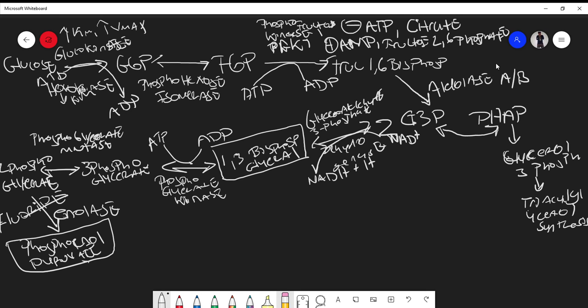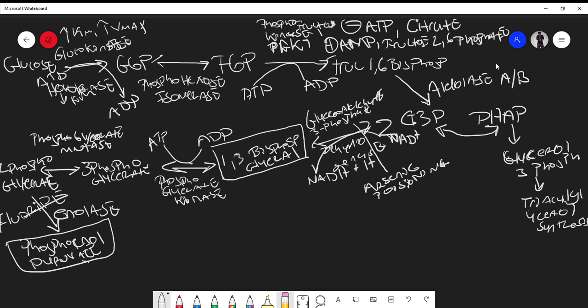Similarly, arsenic poisoning actually inhibits, and I know it's kind of messy here, but watch me, arsenic poisoning actually inhibits glyceraldehyde 3-phosphate. So we talk about arsenic poisoning inhibits glyceraldehyde 3-phosphate.